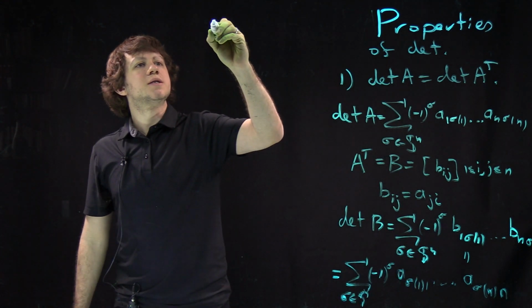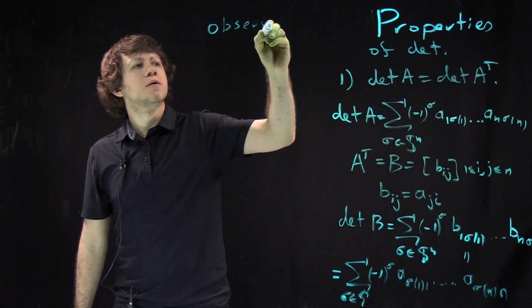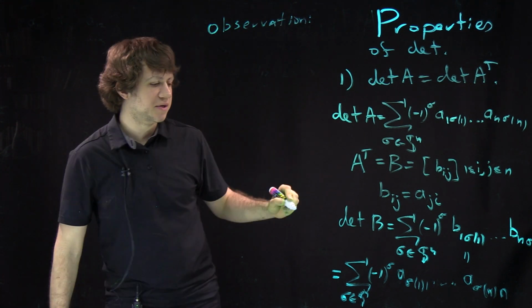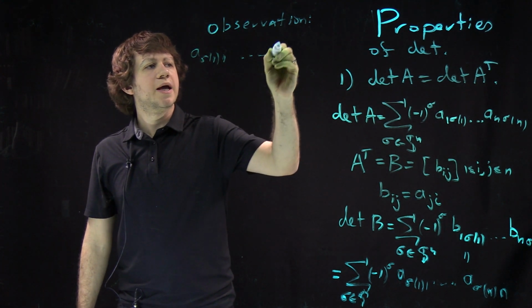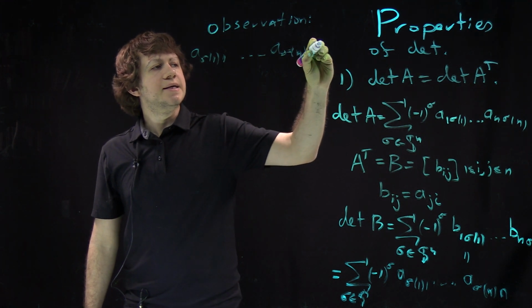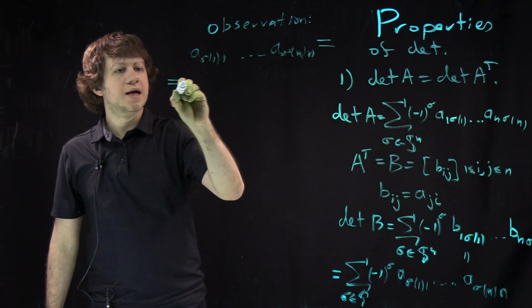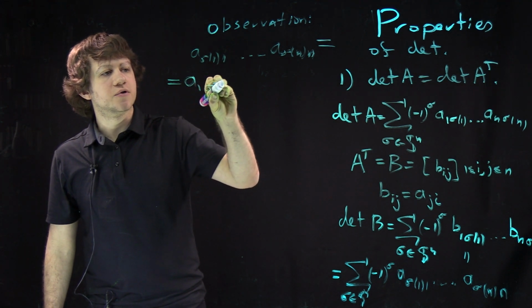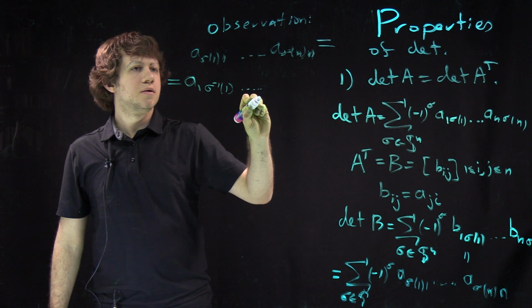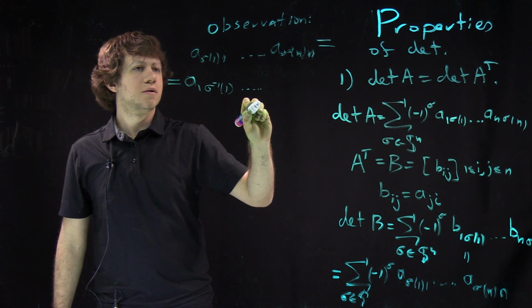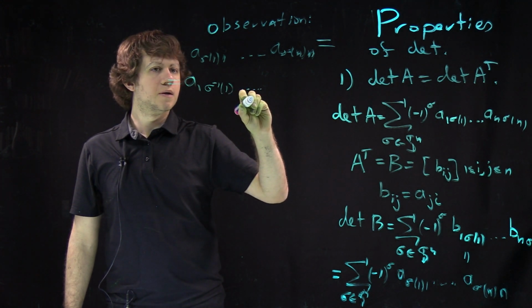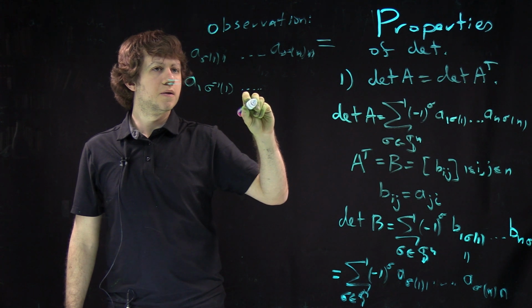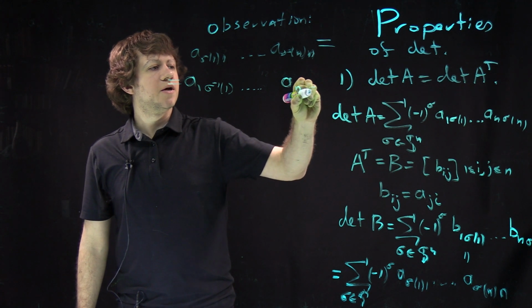So the answer is that it is an observation, which is very easy, but somehow a little bit fun, that a sigma of 1, 1, and so on, a sigma of n, n, is the same as a1 sigma inverse of 1 up to an sigma inverse of n.